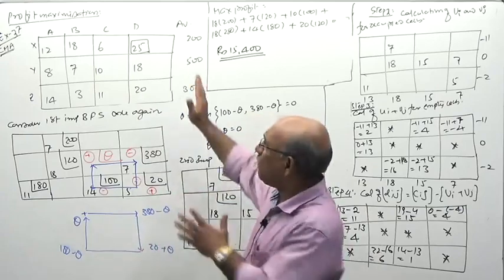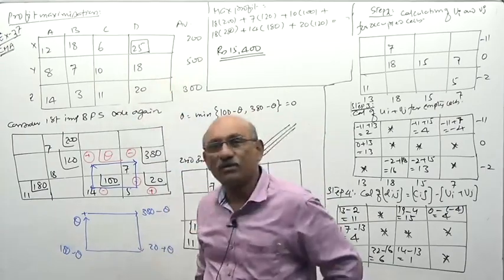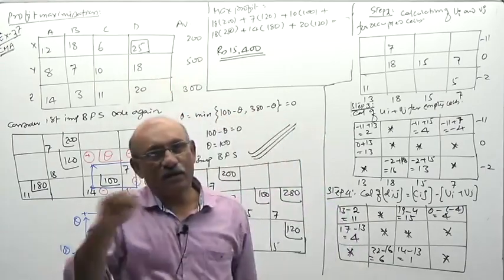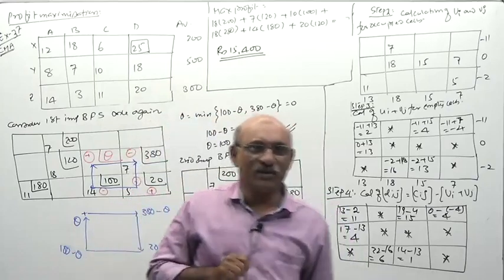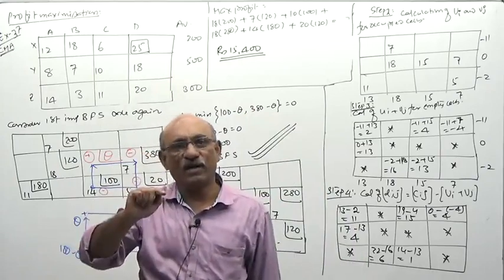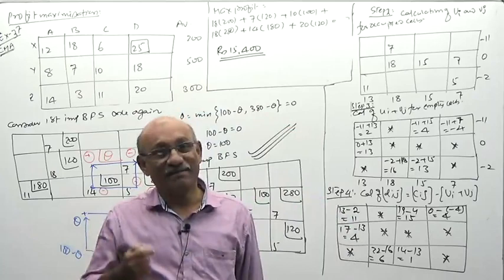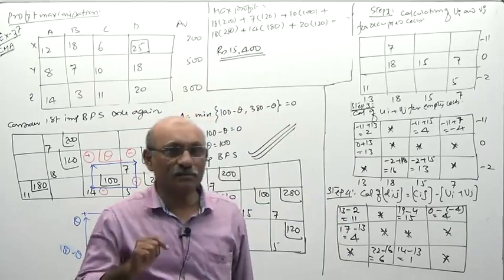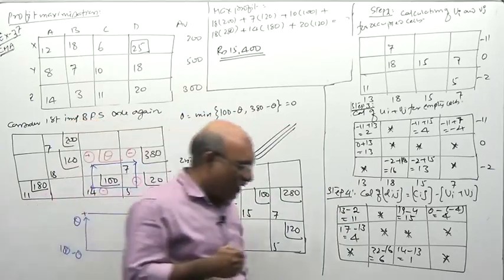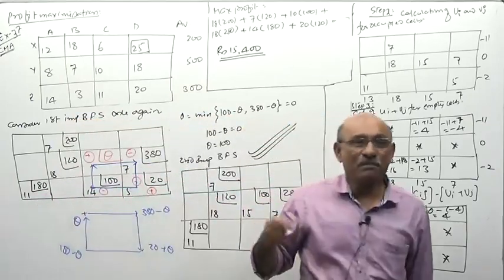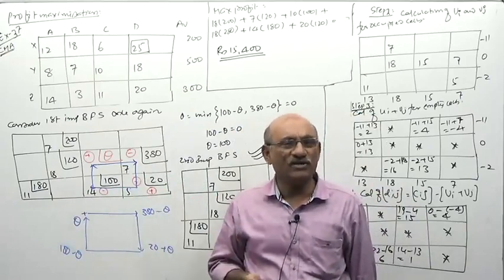Look at the second point, degeneracy. When you look at the problem preceding this one, we wrote that answer as a degenerate solution. What does it mean actually? When the number of occupied cells is less than m plus n minus 1, then the solution is called a degenerate solution.